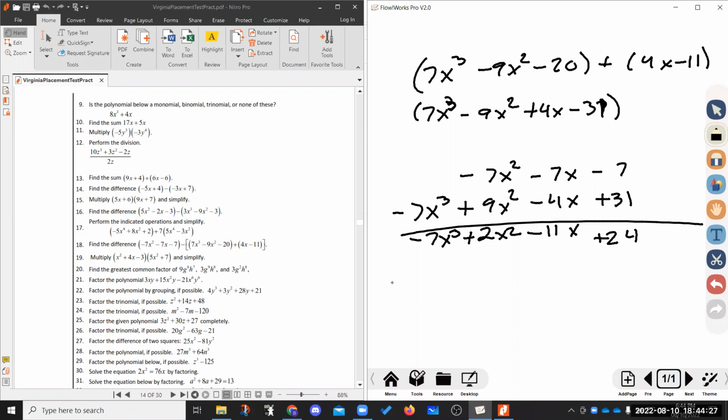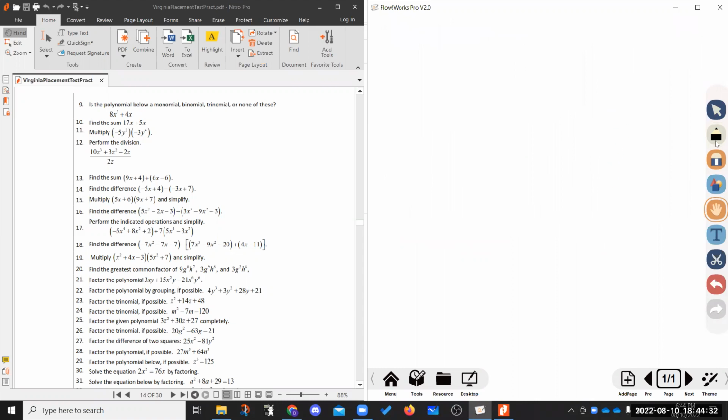Now it's number 19, where I promised you I would show you what happens when you have more than a binomial times a binomial. We're going to have x squared plus 4x minus 3 times 5x squared plus 7.